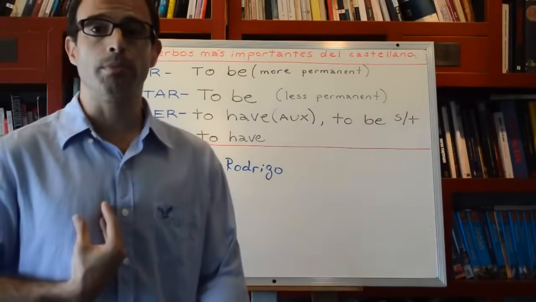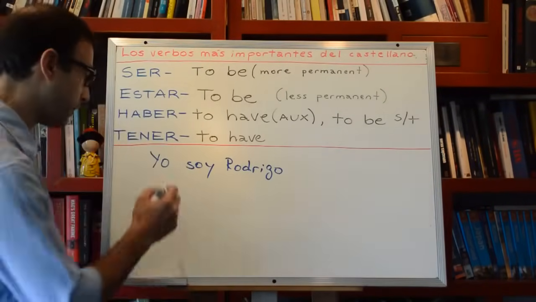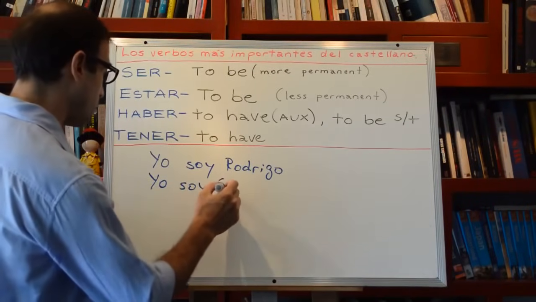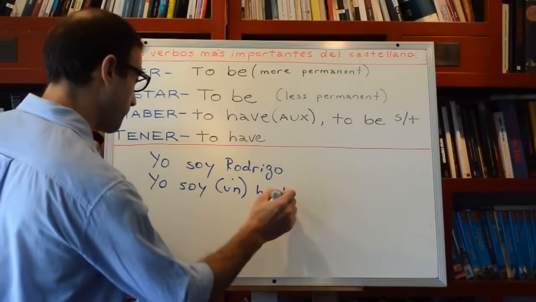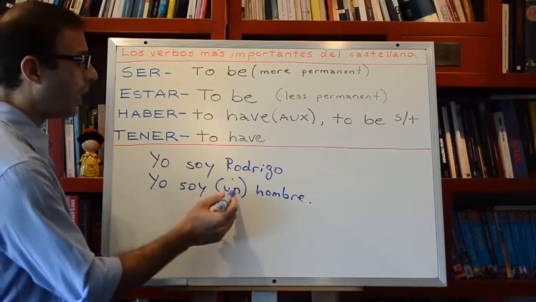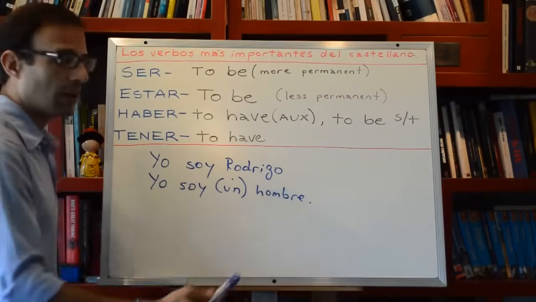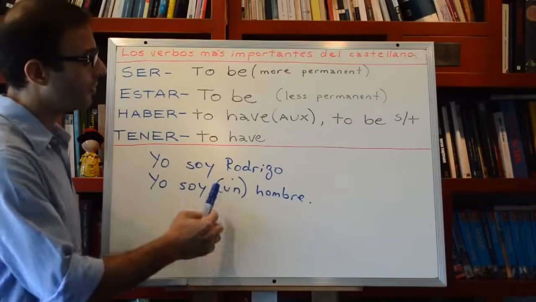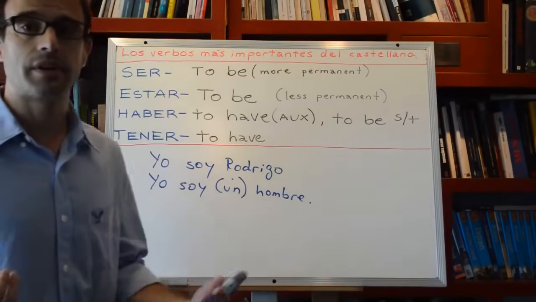Yo soy un hombre, okay? I am a man. Yo soy un hombre. Okay? I am a man. Or I can say I am man. In Spanish, if we leave out the article, right, it's say generic, okay?